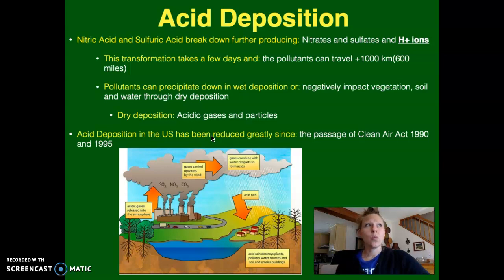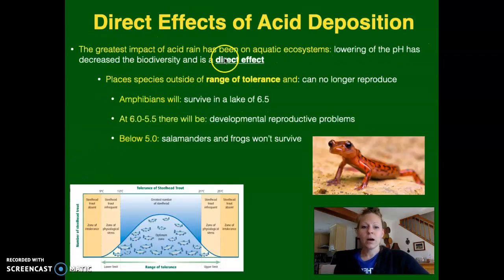Actually, in the White Mountains, they have seen a big change over the last 20 years or so because of the Clean Air Act. The water at one point was unlivable for many species because the water was becoming too acidic. So if you remember this range of tolerance, a lot of species, amphibians, will survive in a lake at 6.5.